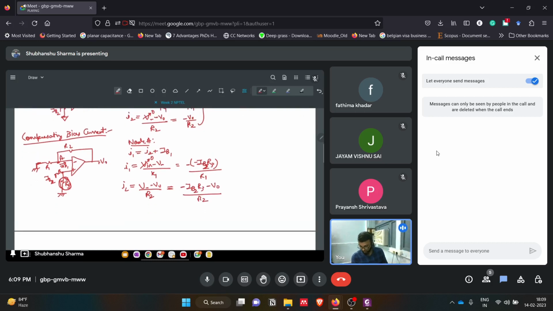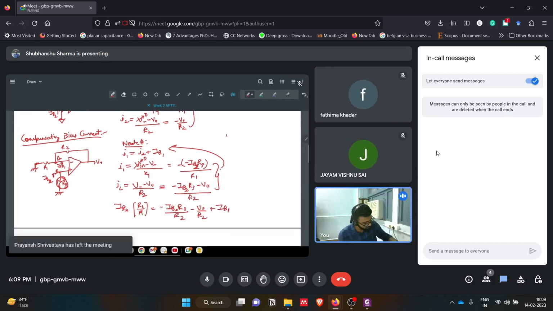If we input this in the equation, then after solving we get IB2 R3 by R1 equals minus IB2 R3 by R2, then minus V naught by R2 plus IB1.